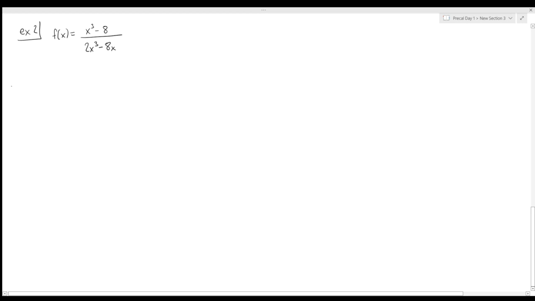So let's look at the domain first. So just as before, to find the domain, we want to start by finding where the denominator is 0. So factoring this, you can start by factoring out a 2 and an x from both terms.